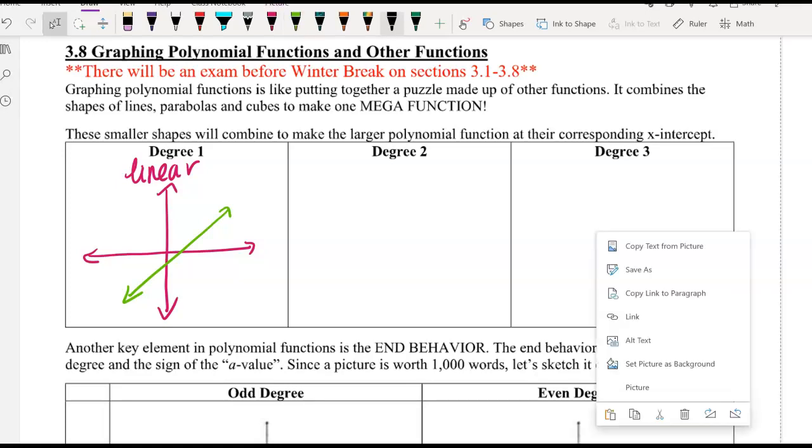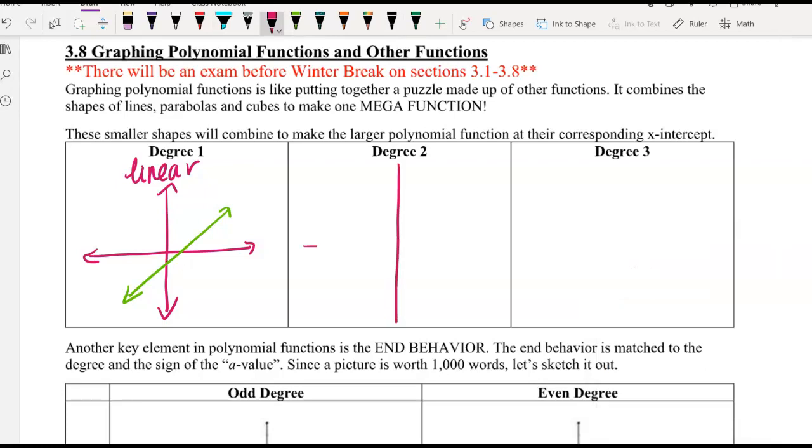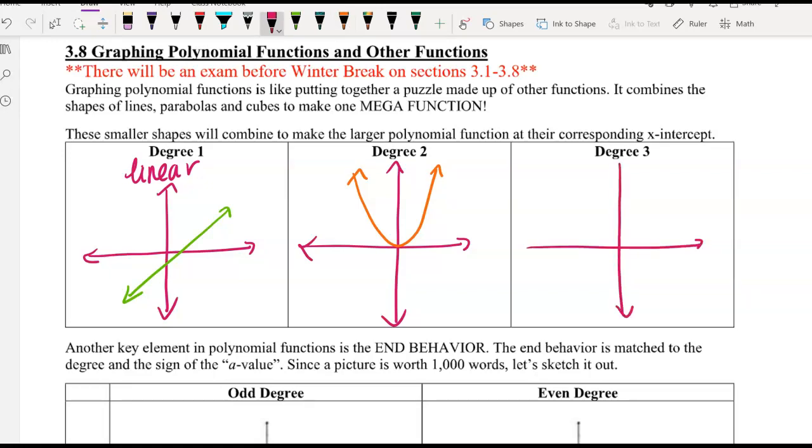It could be open upward or downward, depending on our A value. Now a degree of 3 is going to be a cubic, and a cubic is like a lazy S shape, okay?